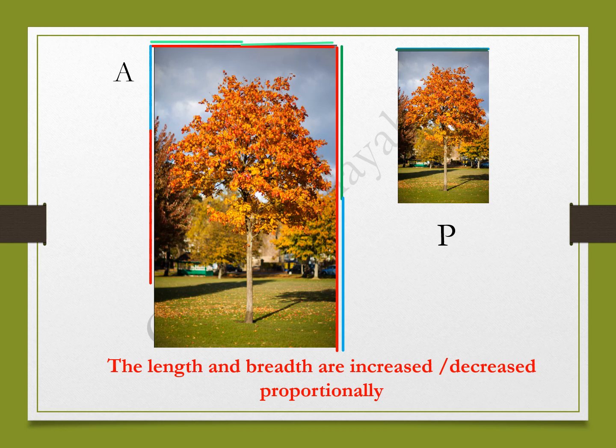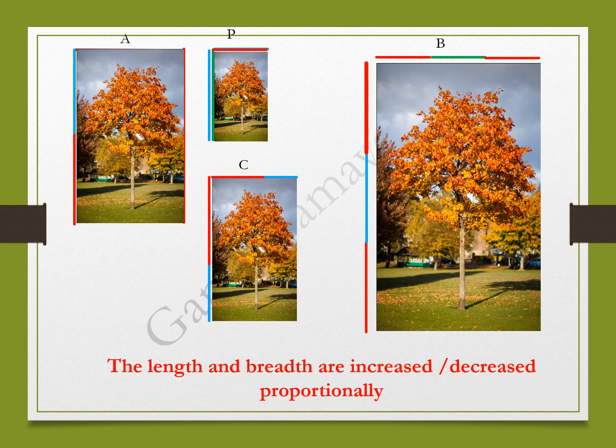So when you are increasing a picture or decreasing a picture, you have to do it proportionally. In the sense, the length and the breadth must be increased or decreased in the same quantity. Okay, so this we call increasing or decreasing proportionally.